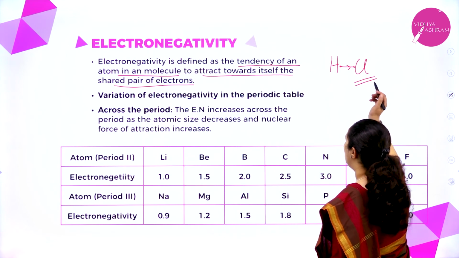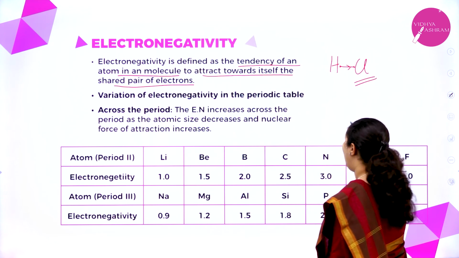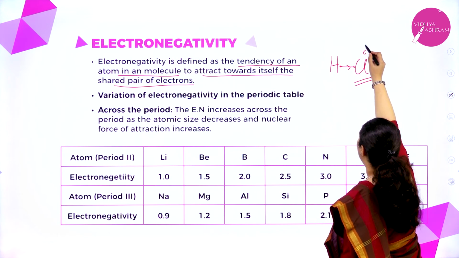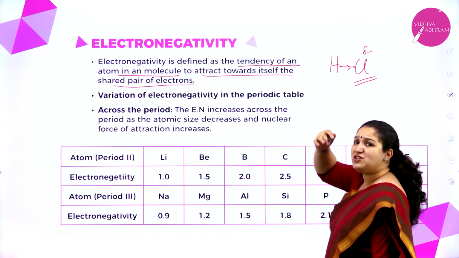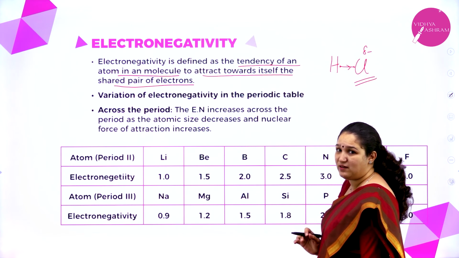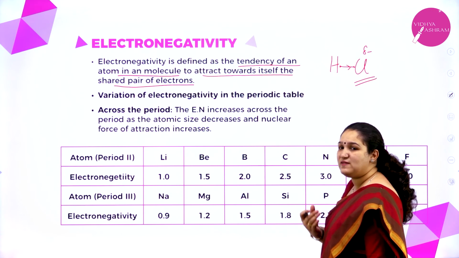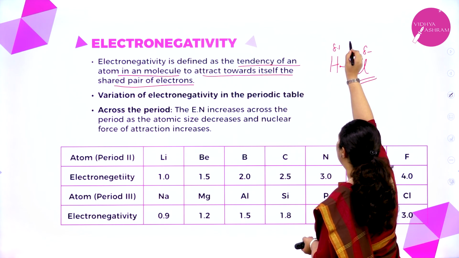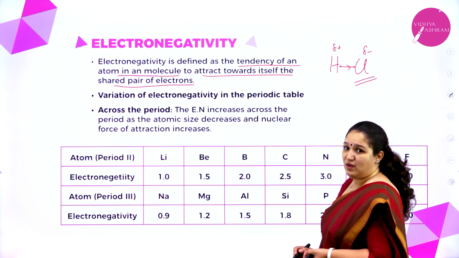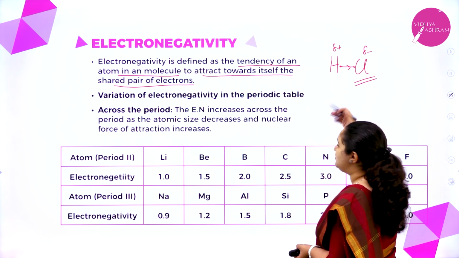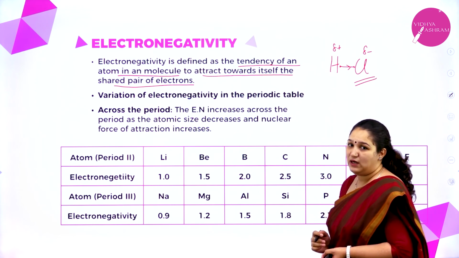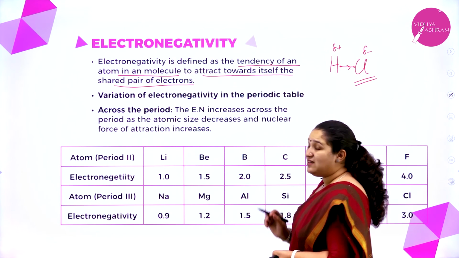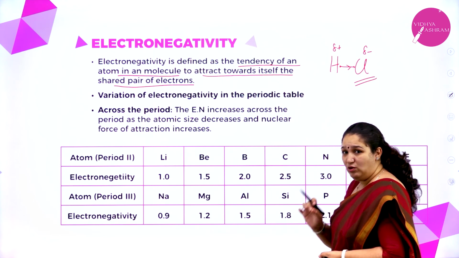So chlorine is more electronegative than hydrogen, and because of this electronegativity here you get a partial negative charge, not complete negative charge. Slightly it is towards itself, that's why it's a partial negative charge for chlorine atom, and hydrogen will get partial positive charge. More about this in coming chapters you will be learning. So that is the meaning of electronegativity.